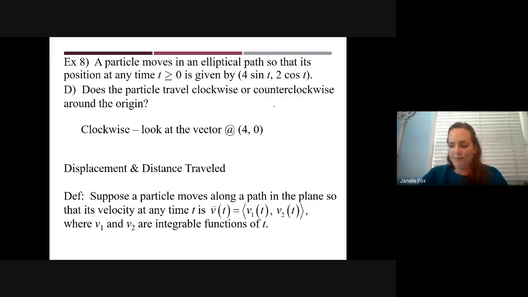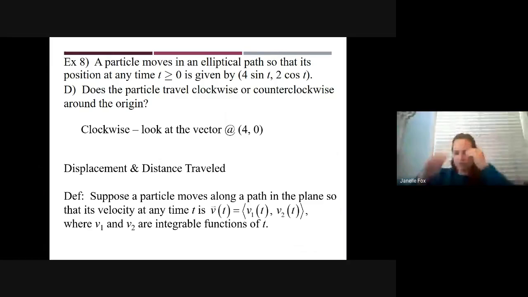So this is like the setup. This is just saying that suppose that a particle moves along a path, so the velocity is given by this. You will notice that every question we've done so far started with either the position coordinate or the position vector, which are the same thing. This is starting with the velocity vector.